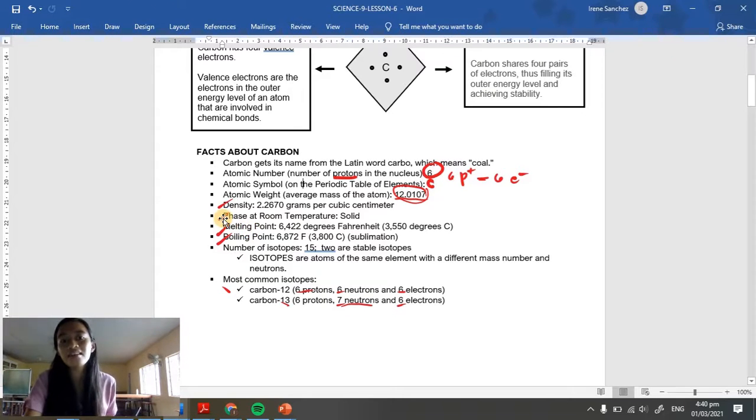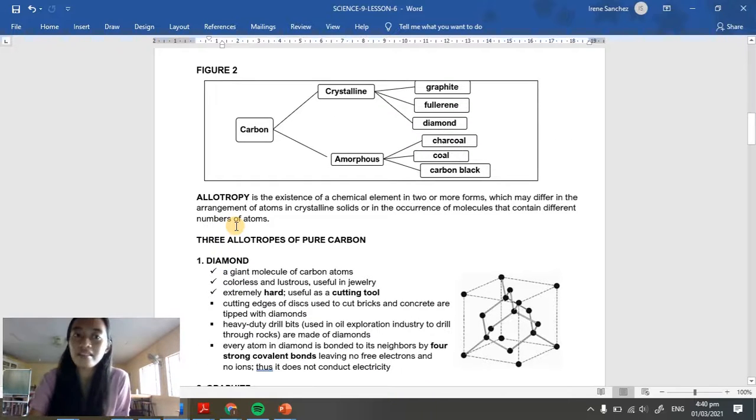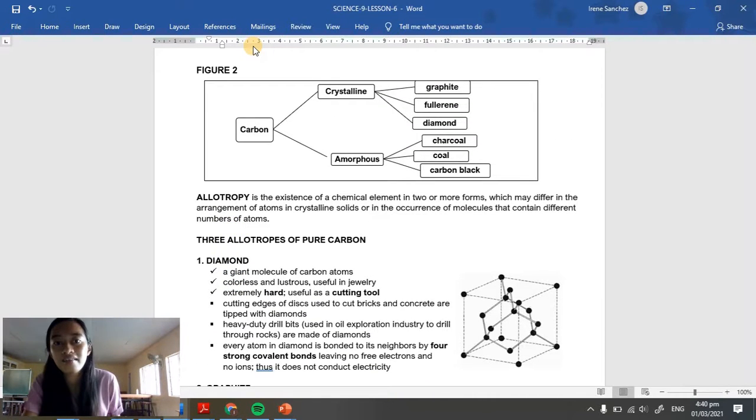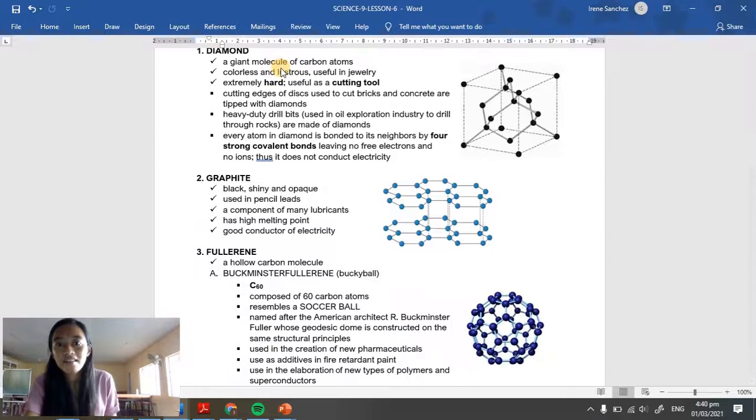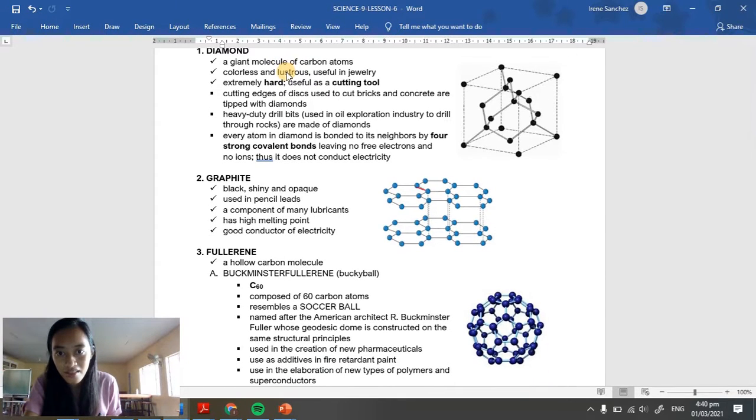Isotopes, maglahi sa neutrons. Now, there are also characteristics of carbon na atong gitawag nga crystalline and amorphous. When we say crystalline, there is a distinct pattern. Crystals have a pattern. Just like this. Mura siya na ay hexagon. Mga murag piatos nga gi-stack.